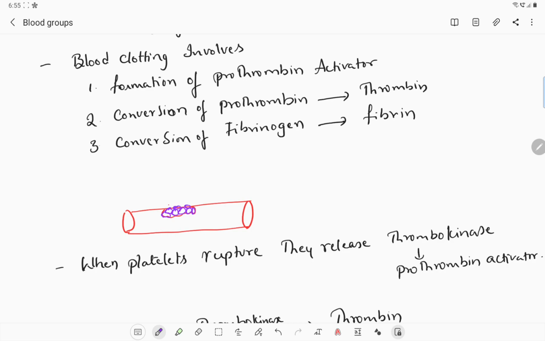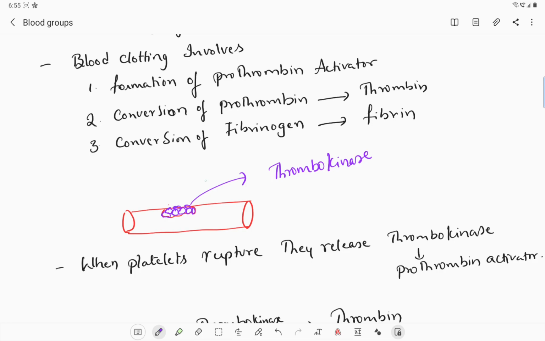Then when these platelets are exposed to the external environment, the platelets will rupture and release an enzyme called thrombokinase. Okay, this thrombokinase is a prothrombin activator.